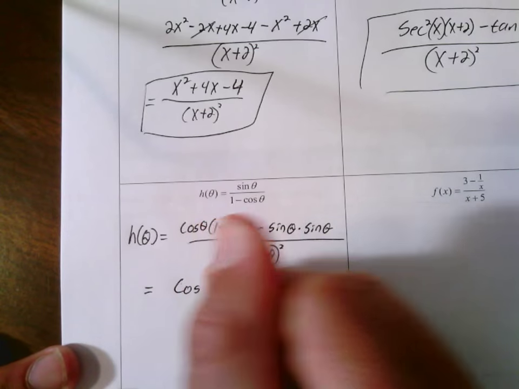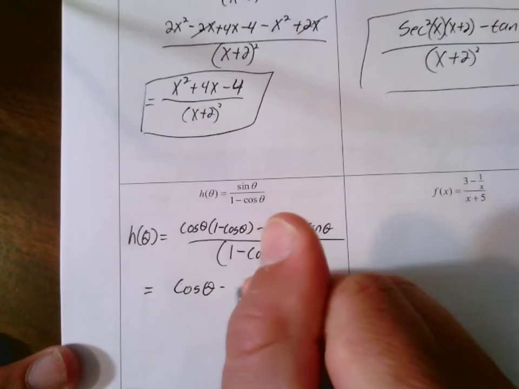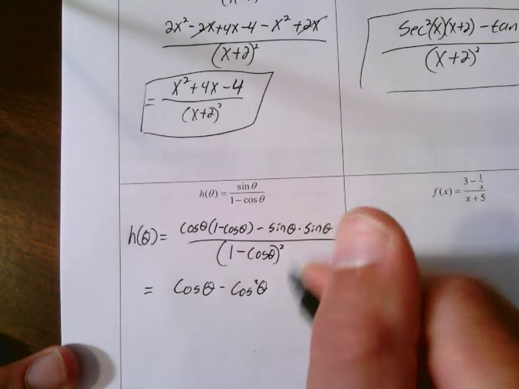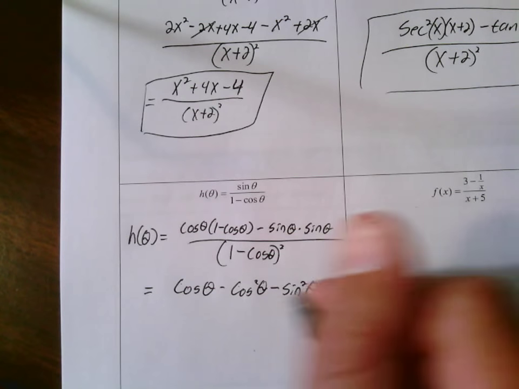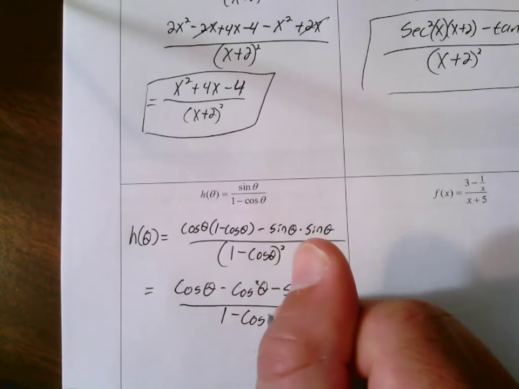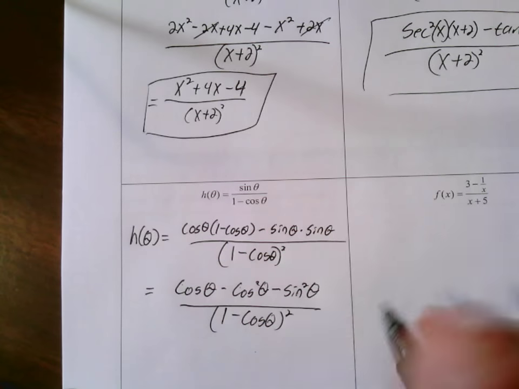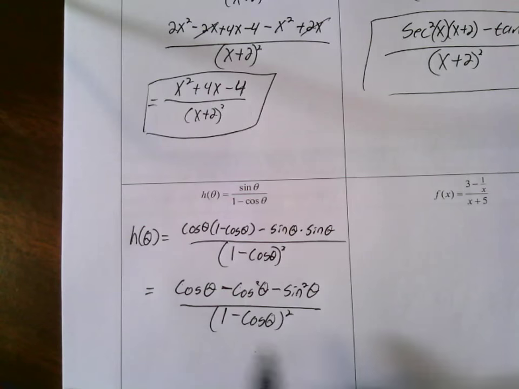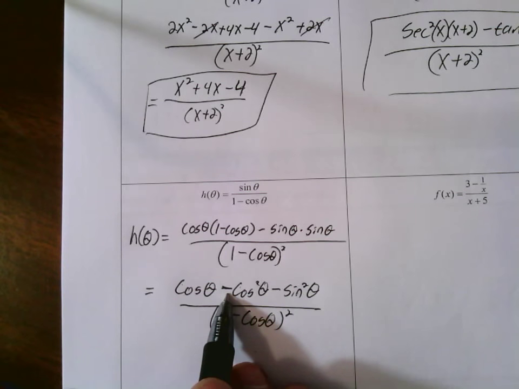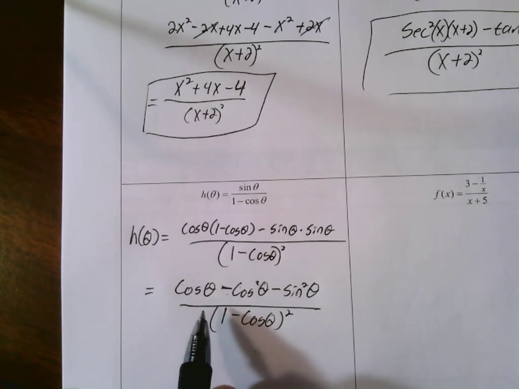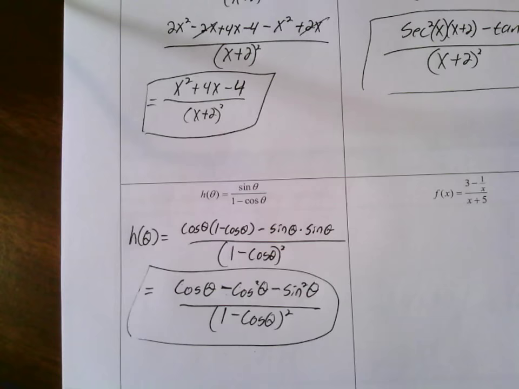Cosine theta minus cosine squared theta minus sine squared theta. I get negative 1 here, cosine minus 1, that doesn't cancel with anything. You're good there.